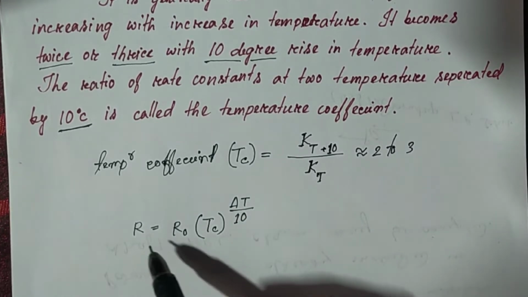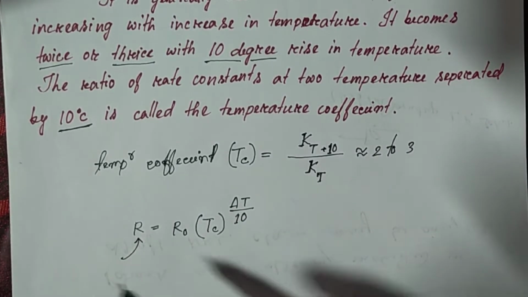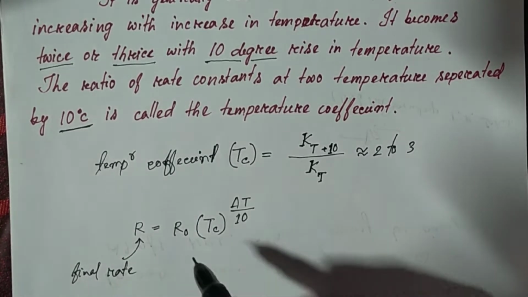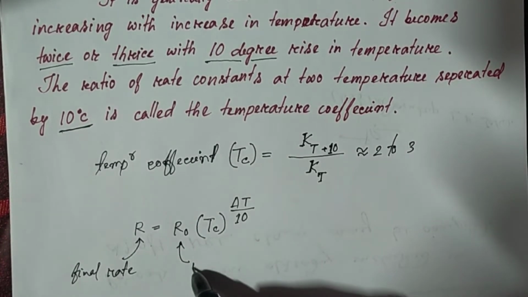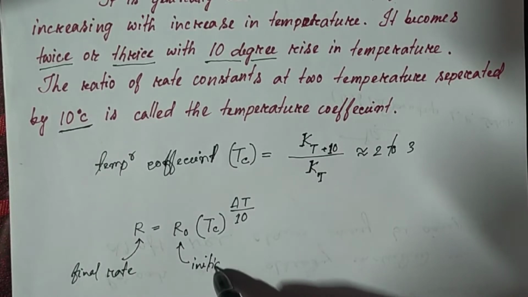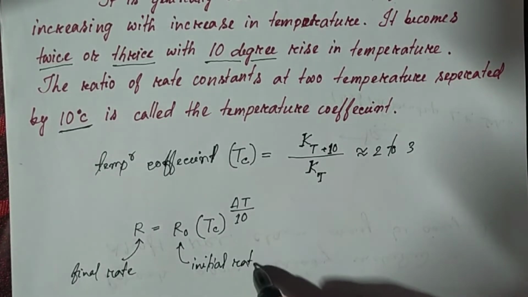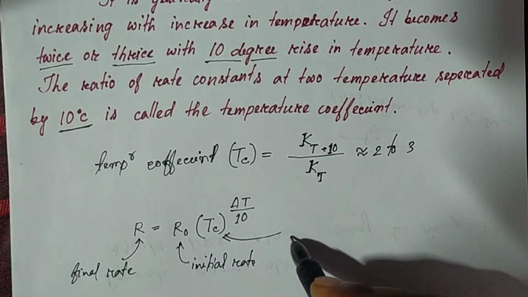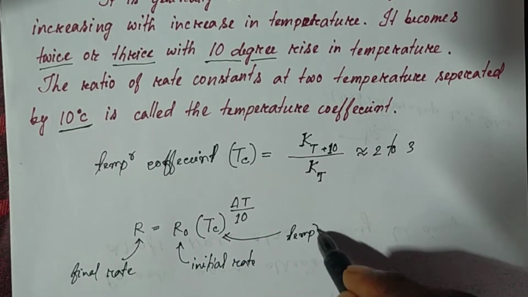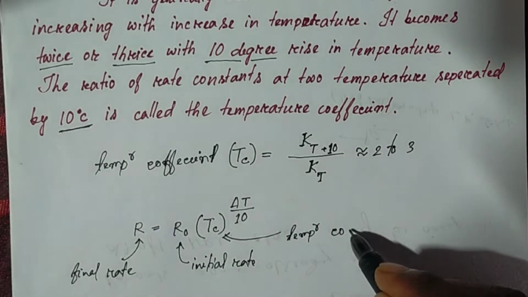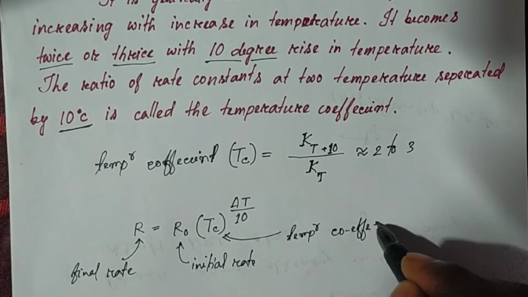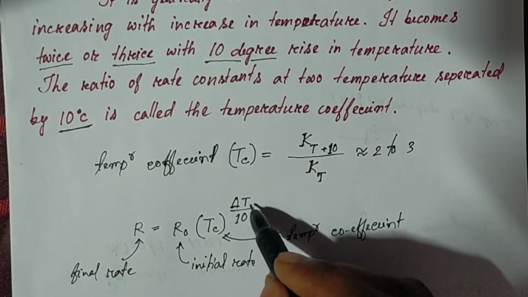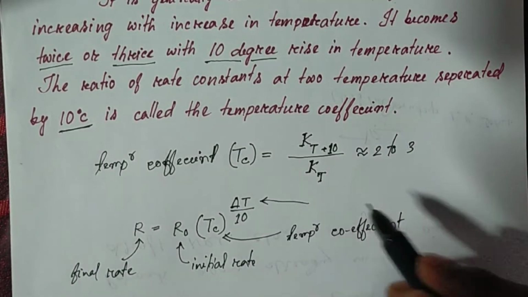Here R is the final rate, R naught is the initial rate, Tc is the temperature coefficient, and del T is the temperature difference.